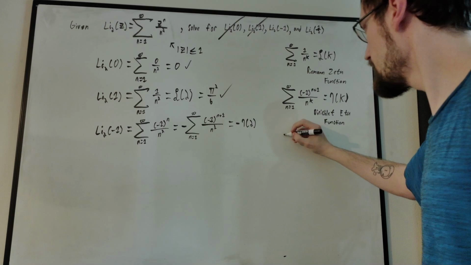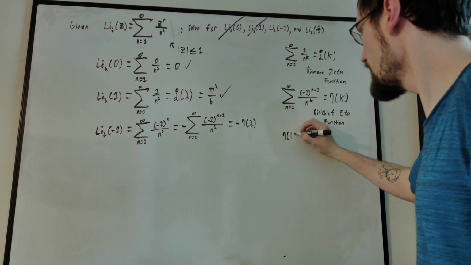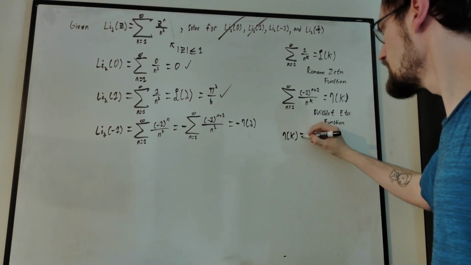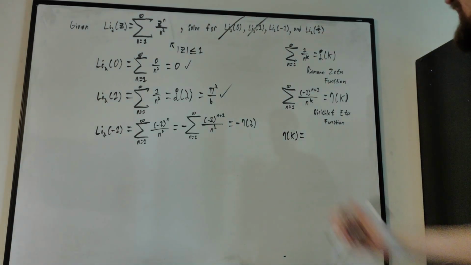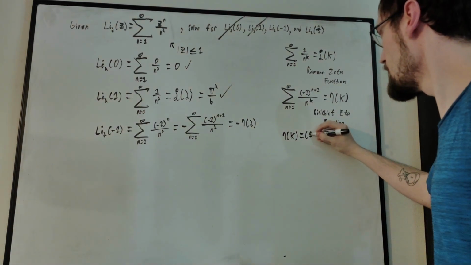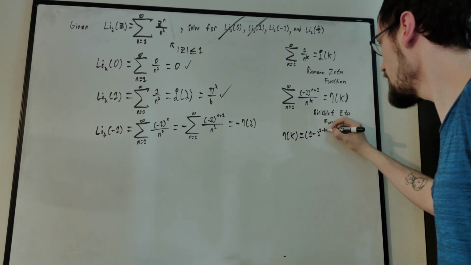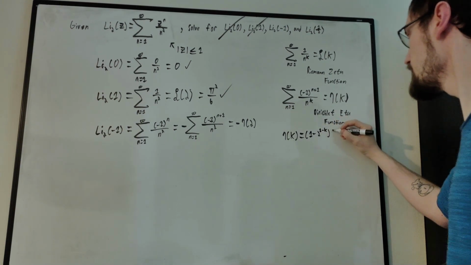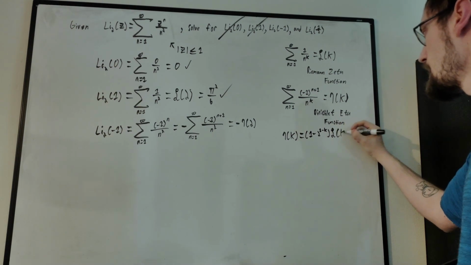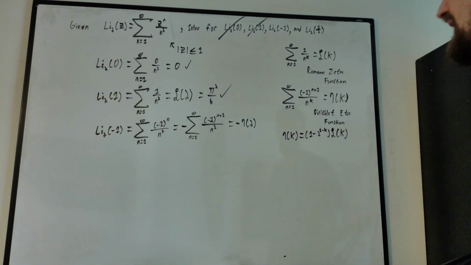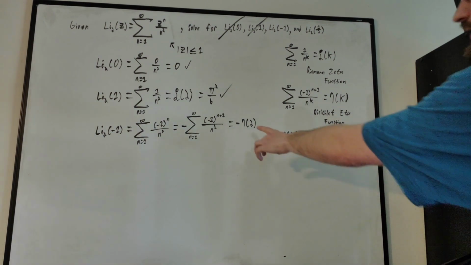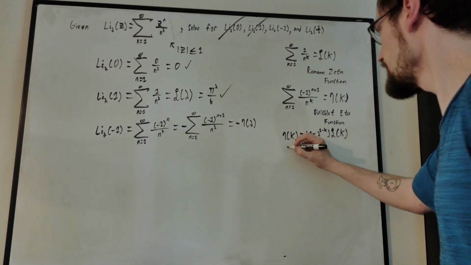So if we have the Dirichlet eta function evaluated at some value k, this is equal to 1 minus 2 to the power of 1 minus k times the Riemann zeta function evaluated at k.